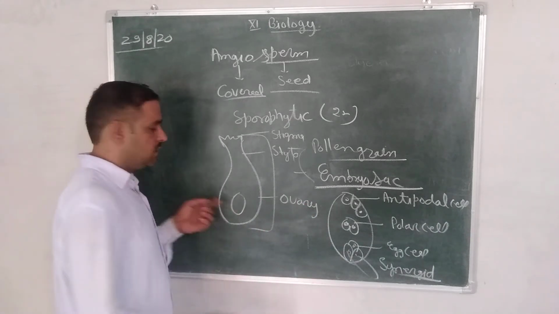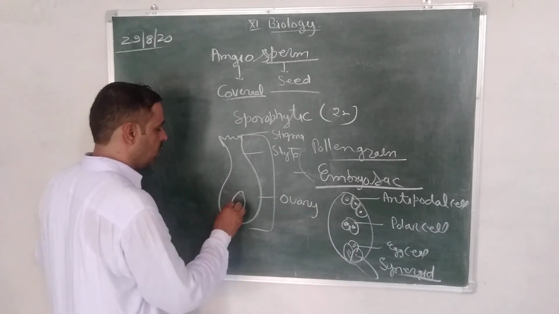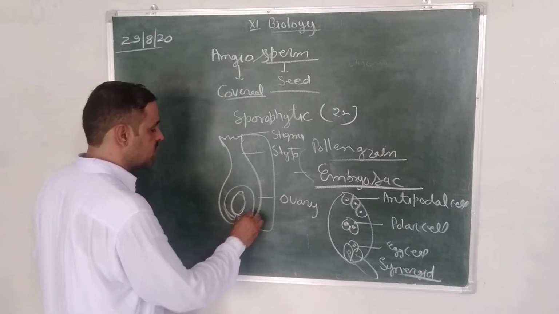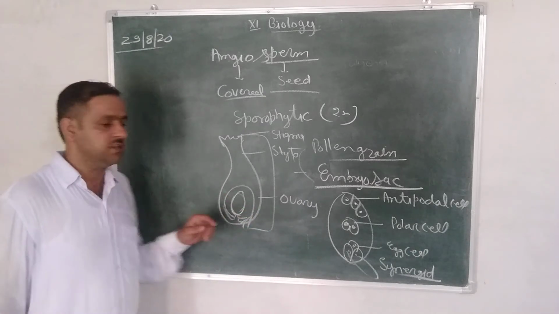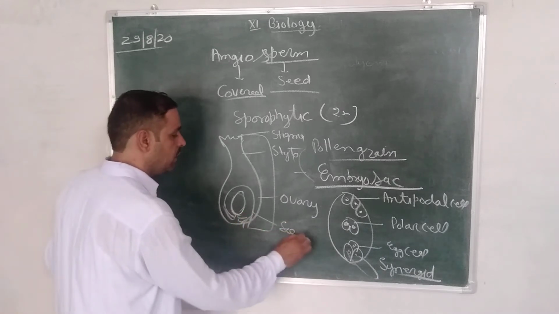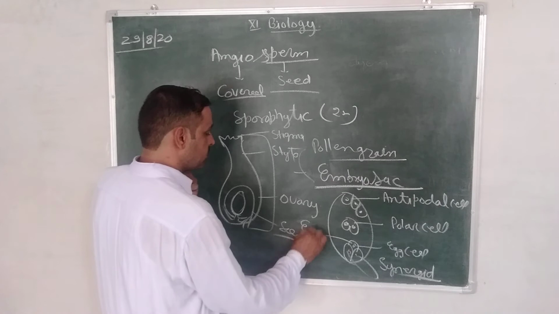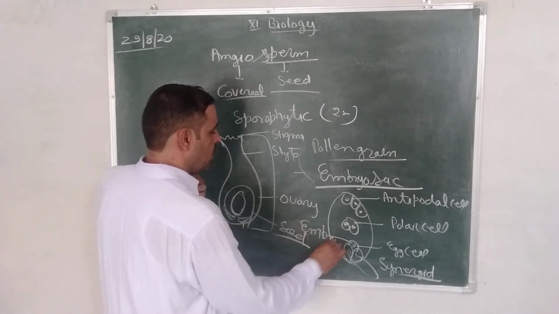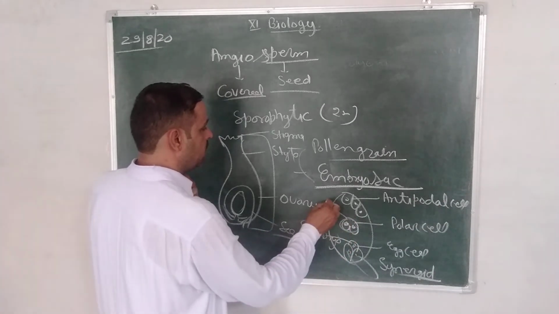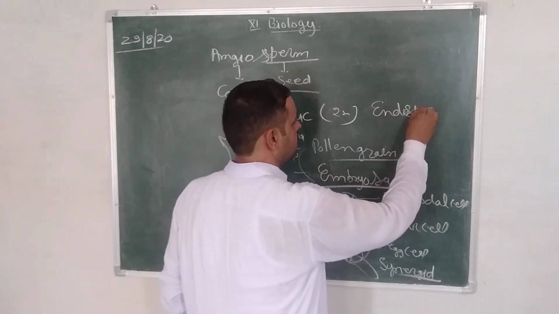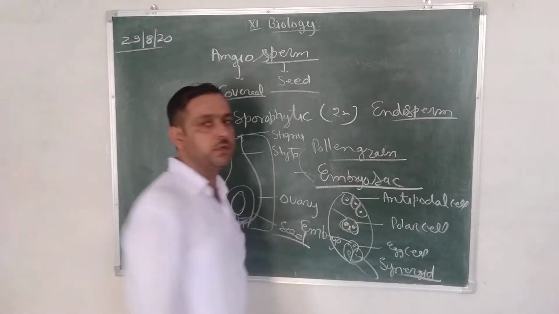In the ovary there is an ovule, and the ovule is converted after fertilization into seed, and the egg cell converts into embryo, and the polar cell is converted into endosperm, and endosperm provides nutrition to the embryo.